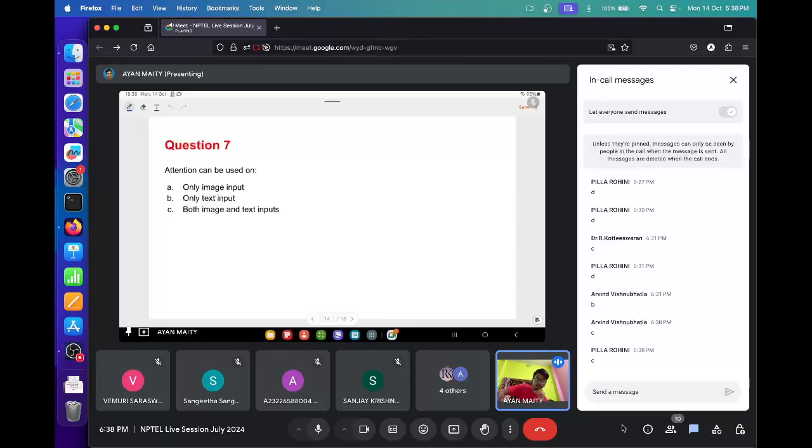Arvind Vishnu Bhatla says option C, both image and text inputs. Pilla Rohini says option C, both image and text inputs.